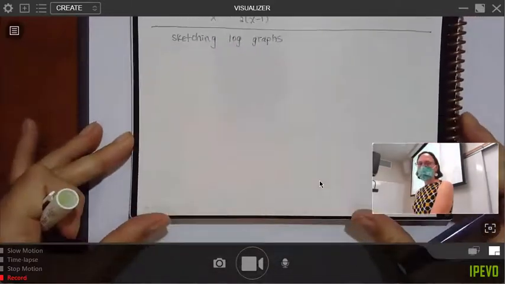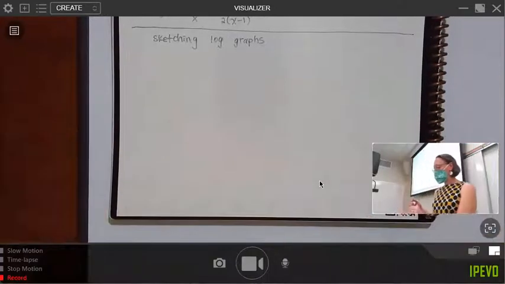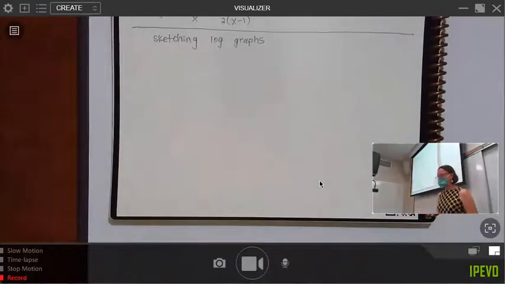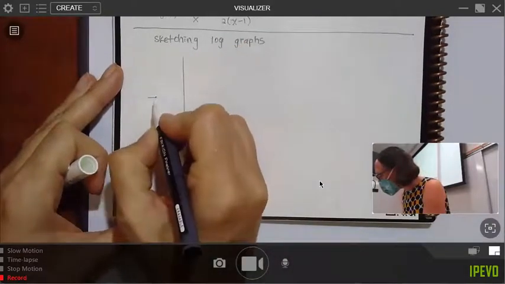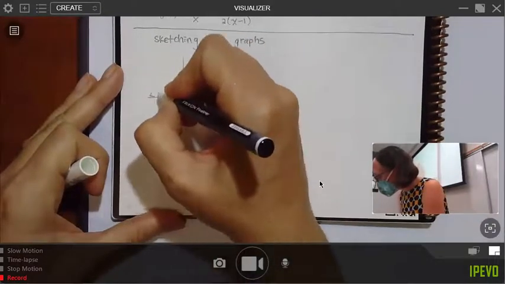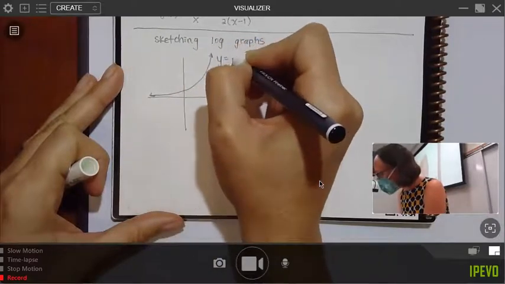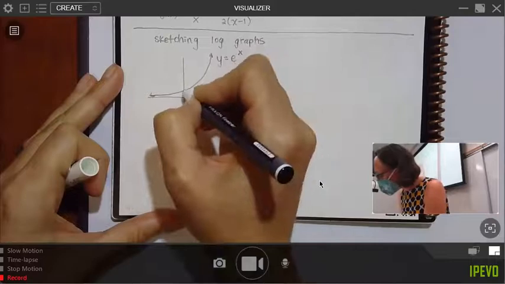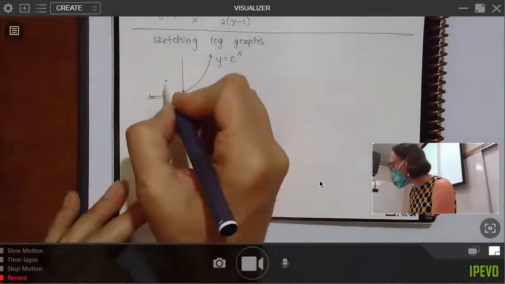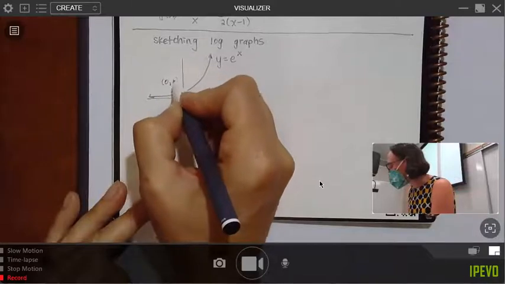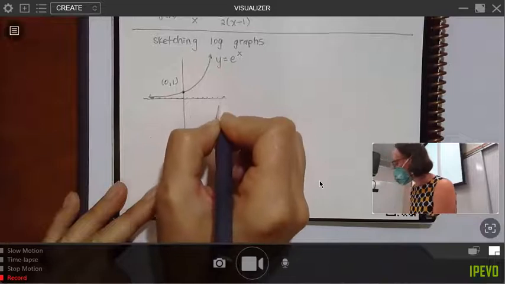Okay, so if we take a look at sketching log graphs, when we were drawing exponential functions, and I will just go ahead and get in here our y equals e to the x graph, our exponential functions are characterized by a y-intercept and a horizontal asymptote.